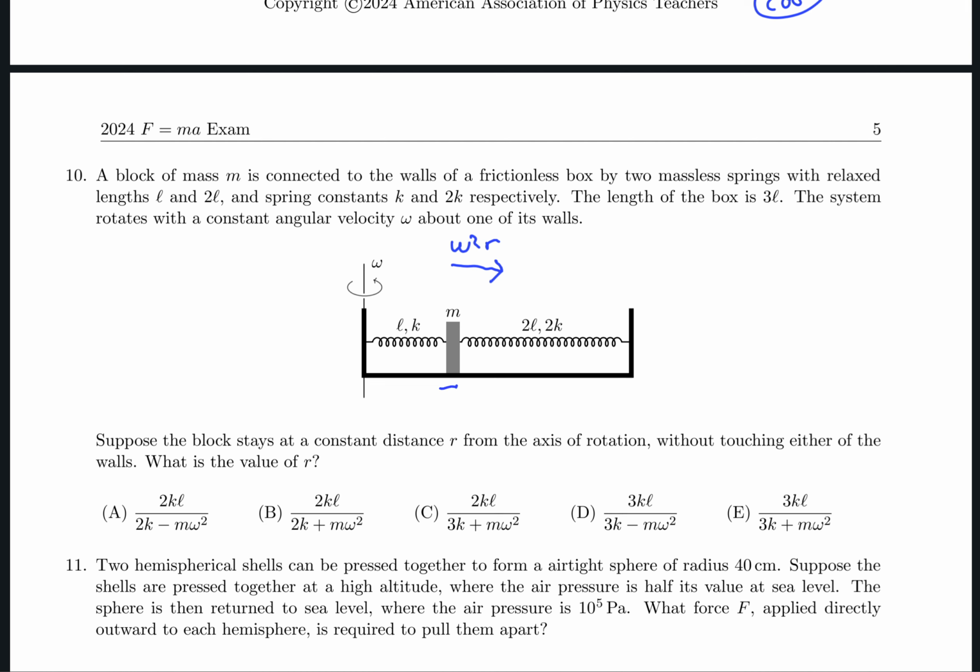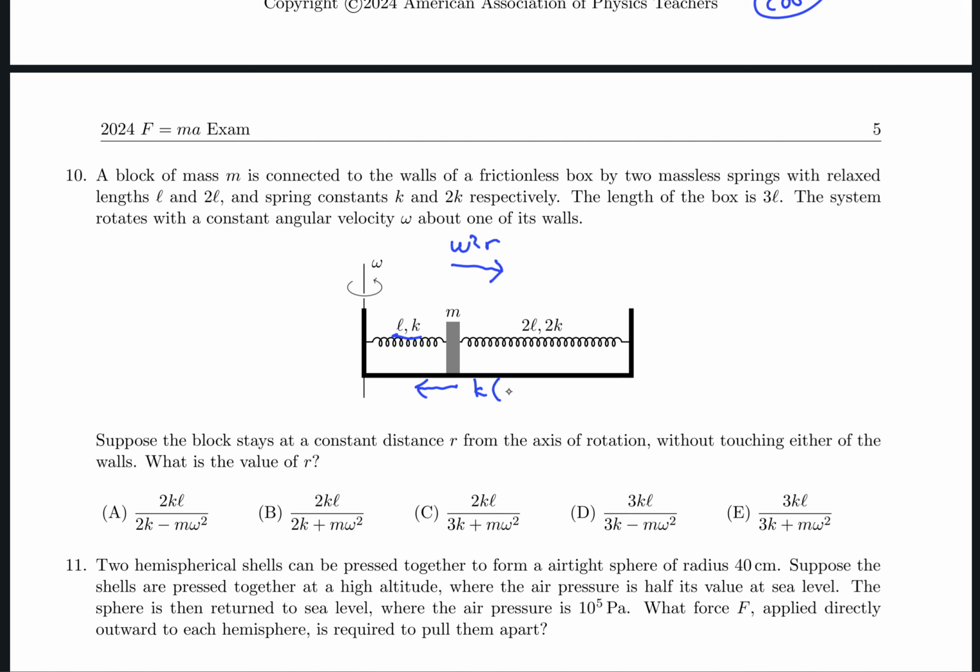The forces pushing inwards: let's look at the left spring first. If it's at a distance r, then it'll be k, like kx, but x is the displacement from equilibrium.